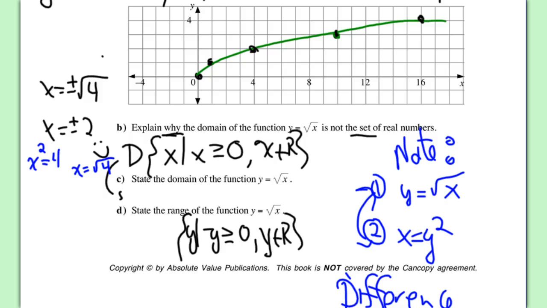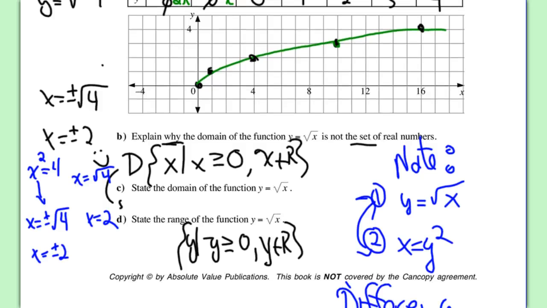When somebody asks you for x squared equals 4, you need to take the square root. So when you take the square root, plus and minus square root 4, your answer for this is plus or minus 2, but for this one it's only 2. We need to make sure we're clear of that difference.